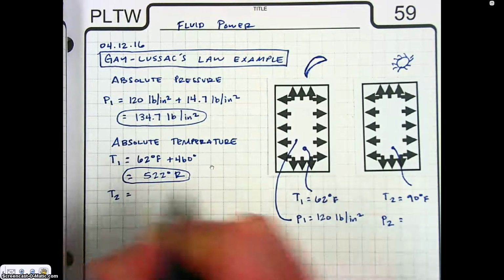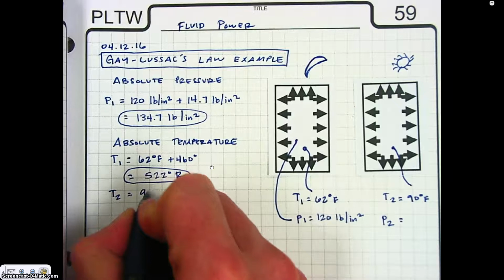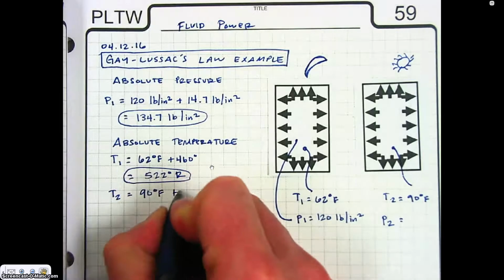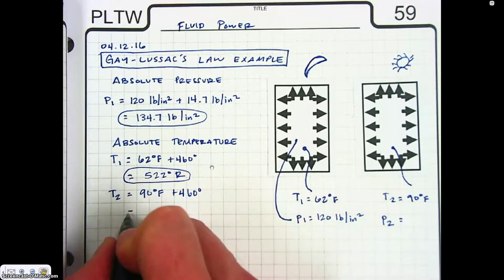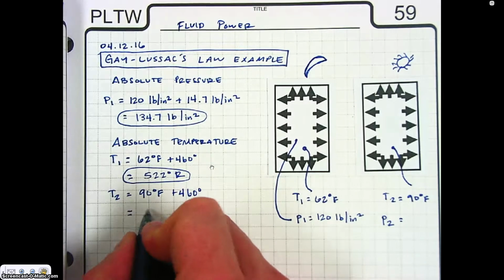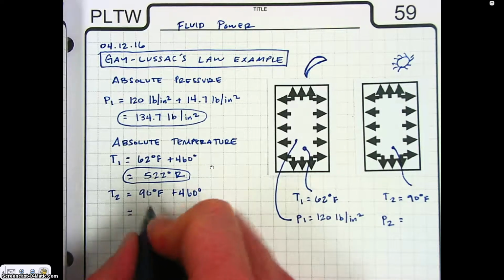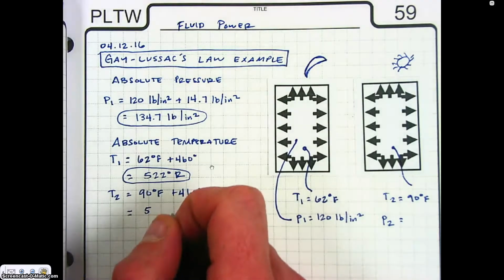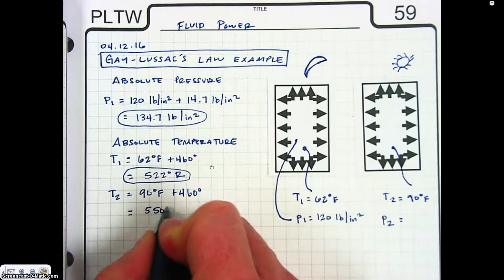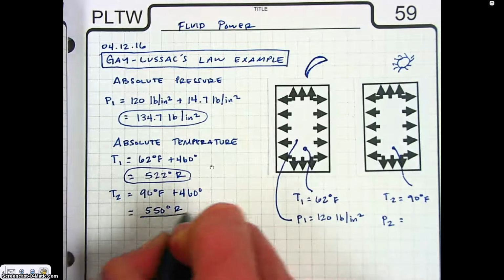Temperature 2 is equal to 90 degrees Fahrenheit plus the conversion, 460 degrees, which gives us a temperature 2 of 550 degrees Rankine.